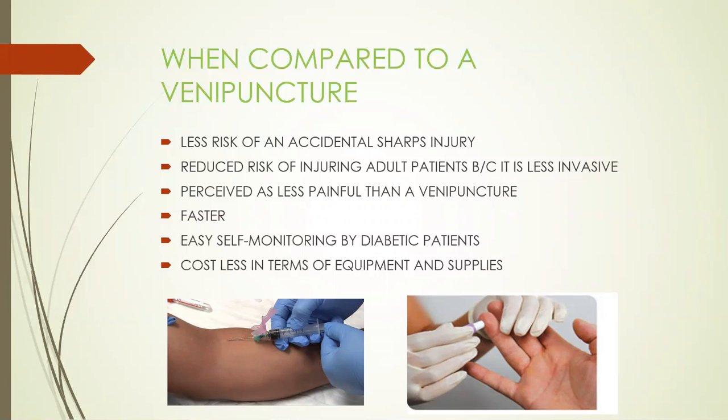And it's perceived to be less painful than a venipuncture by many people. It's faster. It's easier for self-monitoring, for example, with your diabetic patients. And it also costs less in terms of equipment and supplies.